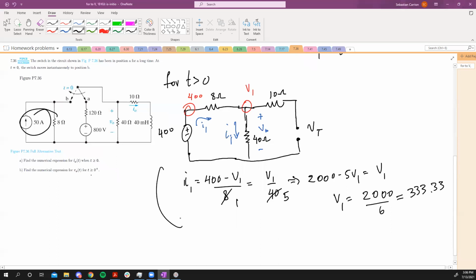Then of this we can find our R equivalent, right? So just go ahead and say this. Eight, 40, 10.